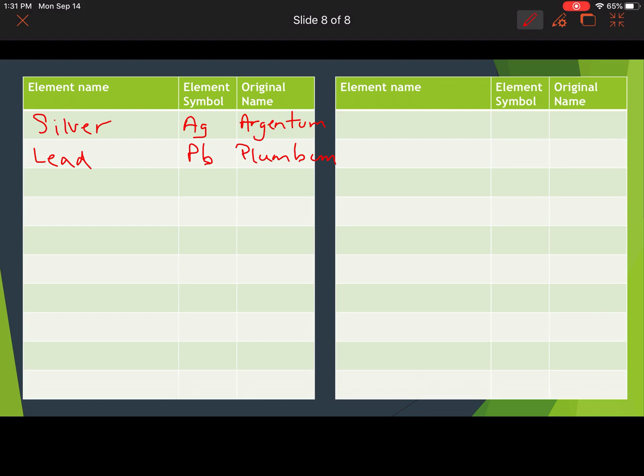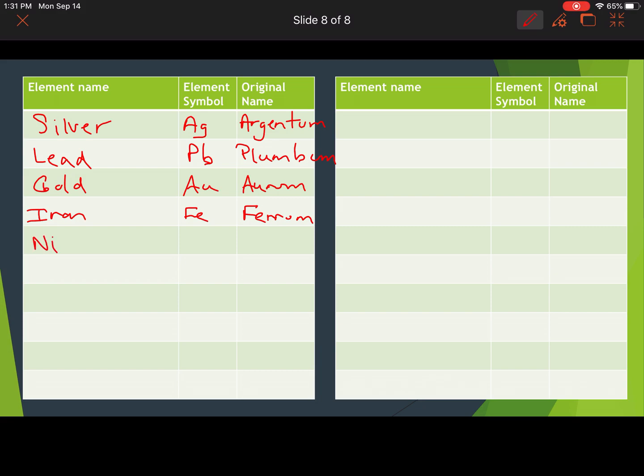Plumbum, best name ever. Next we've got gold. The symbol for gold is Au, and aurum is the original name. Next we've got iron. Iron is Fe, and that was because it used to be called ferrum.